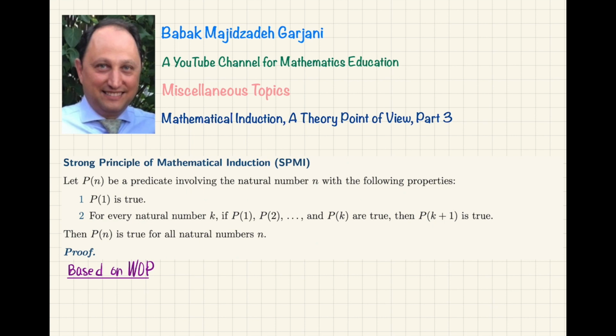When I read the last statement, p of n is true for all natural numbers, it immediately becomes clear how to define my set. So I would say let A be the set of all natural numbers n such that p of n is false.